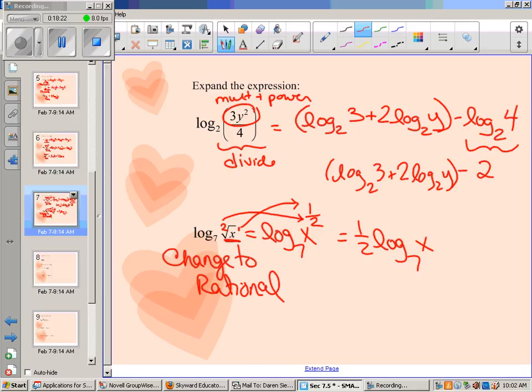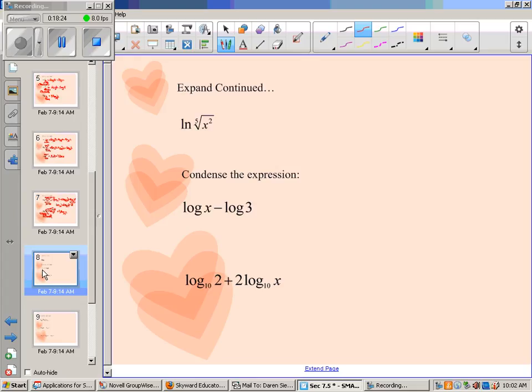Good? Okay, because here I need to expand the ln of the 5th root of x squared. So same process, what does this look like as a rational? Which one goes on top? 2 over 5.